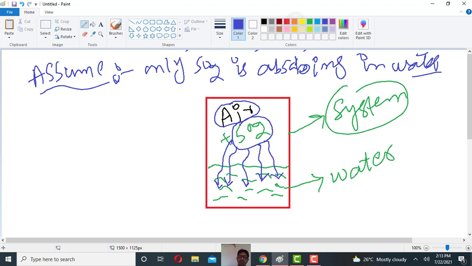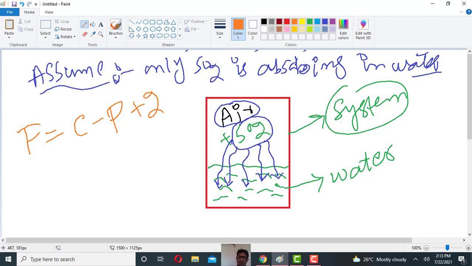As we know, the degree of freedom is equal to C minus P plus 2. So in this example, how many components are present in the system? There are 3 components.